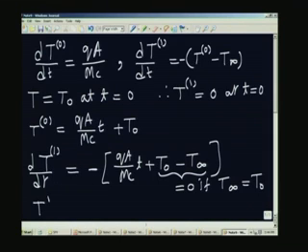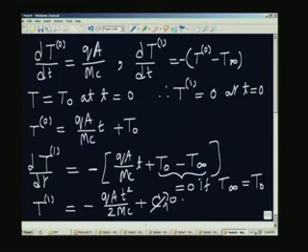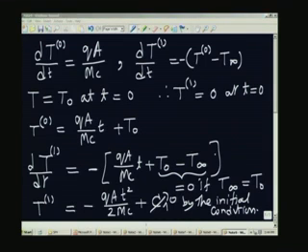This will give you t1 is equal to minus qa t squared by 2 mc plus a constant of integration, and because t1 equal to 0 at t equal to 0, c1 is equal to 0 by the initial condition. Therefore, I can write the solution to the problem by adding these two terms.